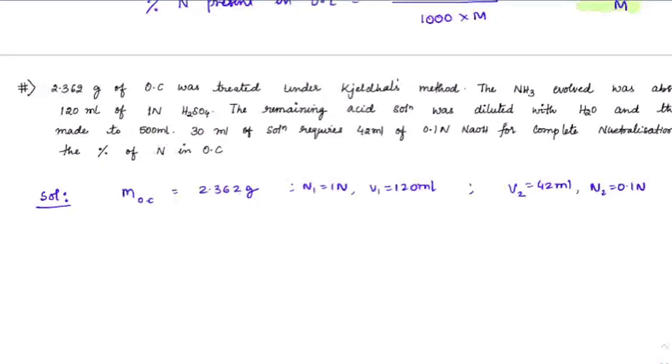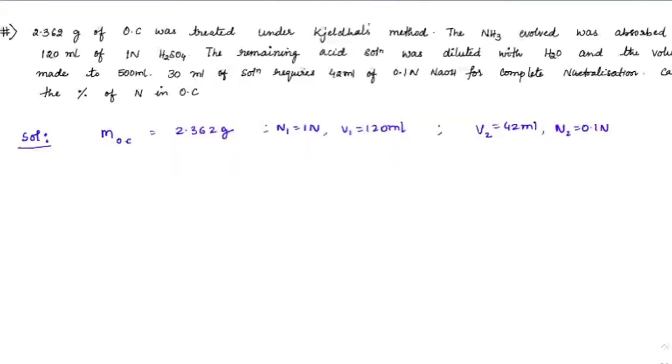Got it? So first, the equivalents of NaOH will be equal to equivalents of H2SO4 during titration, that is during the last step.